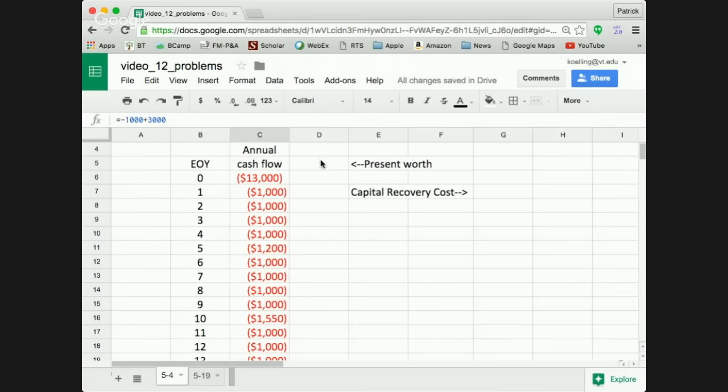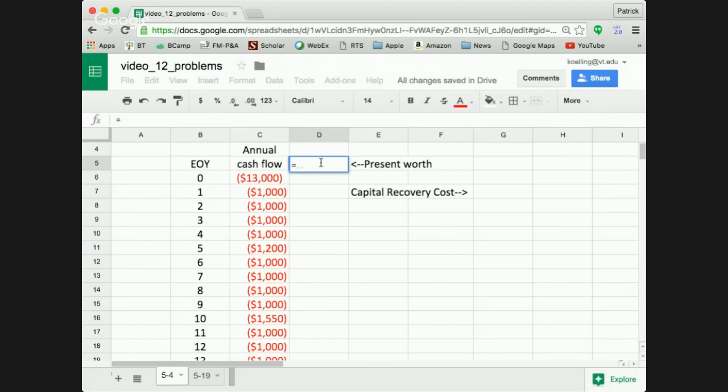So here we go. How do we find the present worth? Well, we spoke previously about that NPV function, and I'm going to use it here. But let's see how we build this. First of all, remember we want the present worth. That's at time 0. Remember, the NPV function is going to give us the present worth 1 year before the first cash flows that are in the range that we provide as an argument.